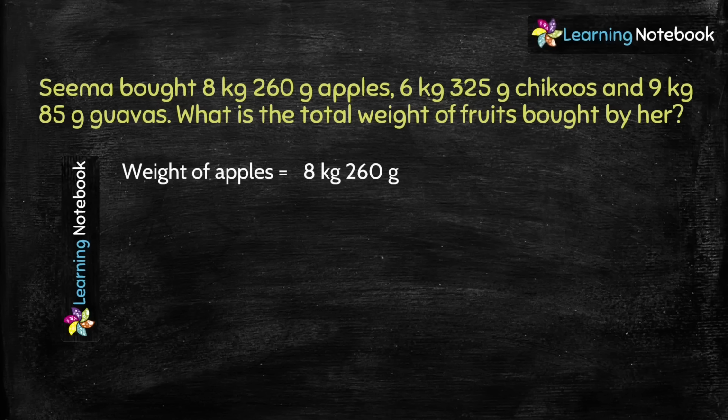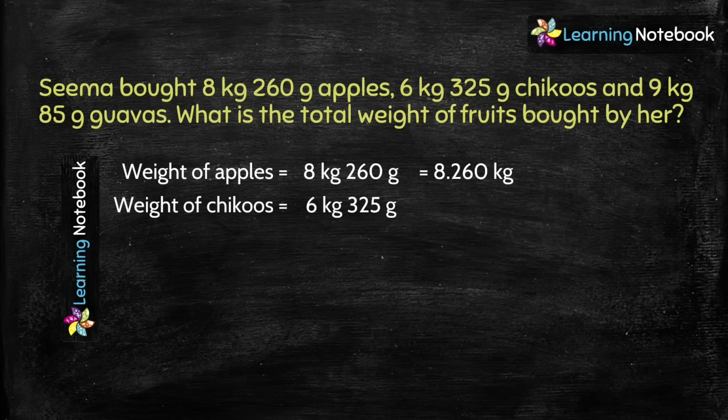Weight of apples is given as 8 kilogram 260 gram, which can also be written as 8.260 kilogram. Next, weight of chikus is given as 6 kilogram 325 gram, which can also be written as 6.325 kilogram.